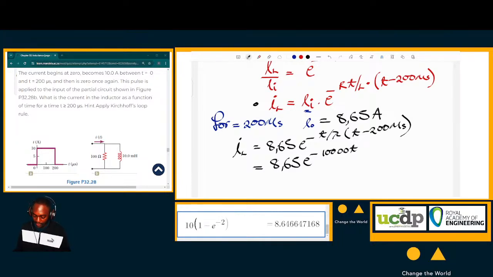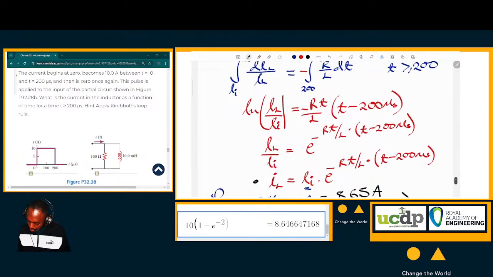Am I right? No, this t I think I missed, so this should be minus 200 microseconds.